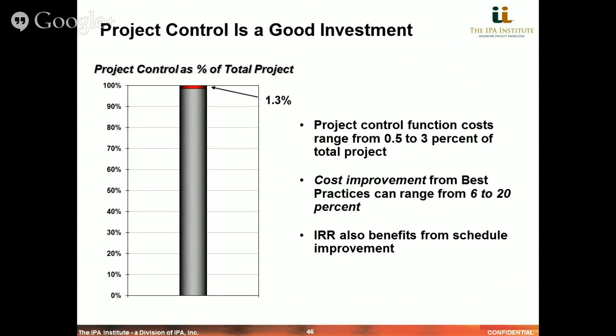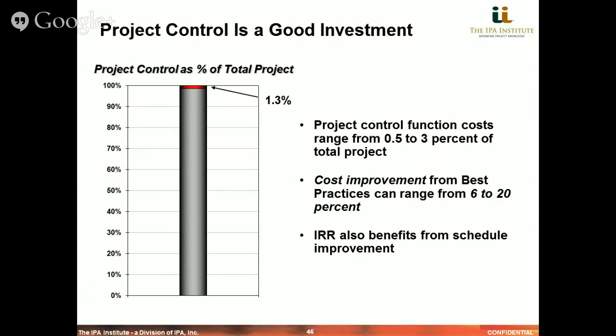But in terms of improvement, both in predictability for cost and schedule and the absolute cost competitiveness, we can see best practices driving an improvement from 6 to 20%. 20% being an extreme, obviously, but still there's a significant improvement in performance of these projects that apply a more robust project control system.